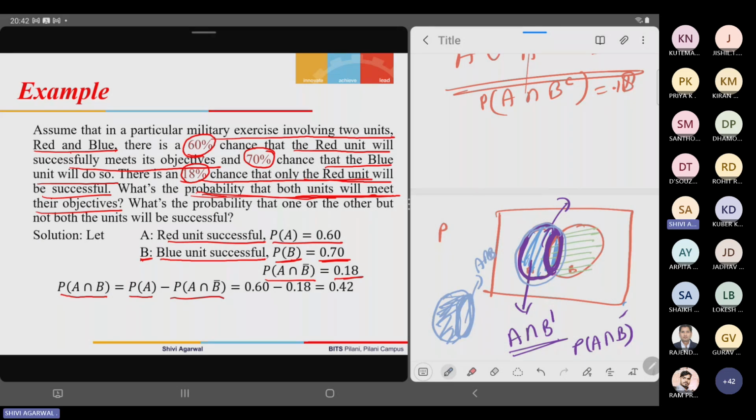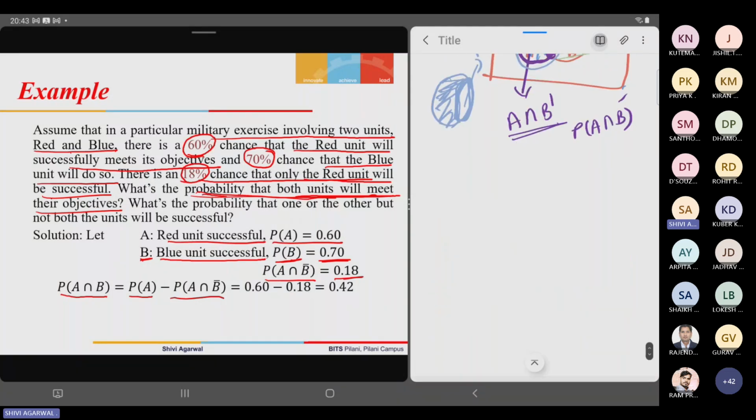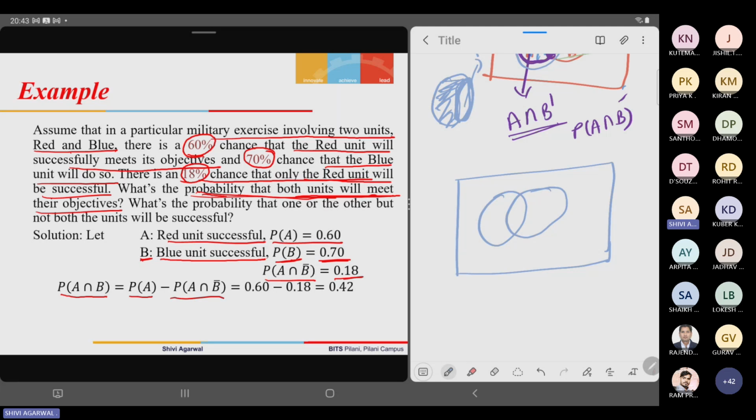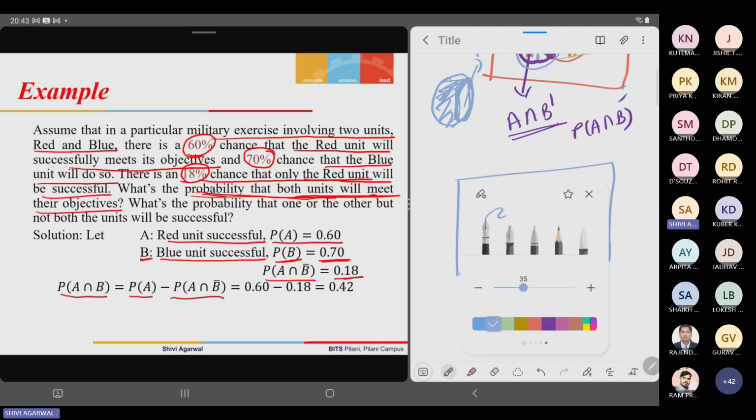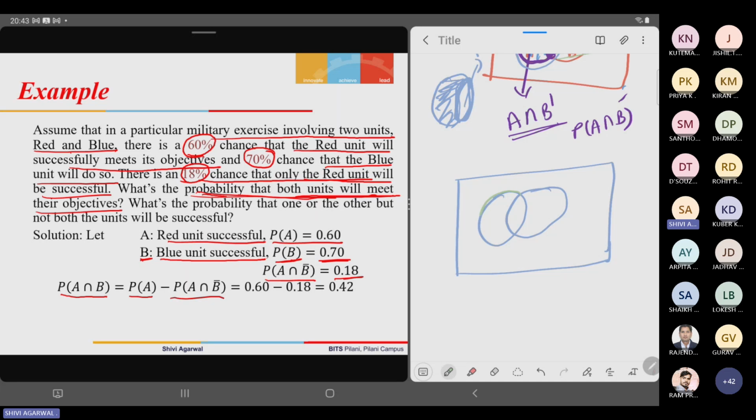So this formula comes from the Venn diagram only. Again, I am making a Venn diagram. This is the sample space S. There are two events A and B. A is this part, and B is this part.